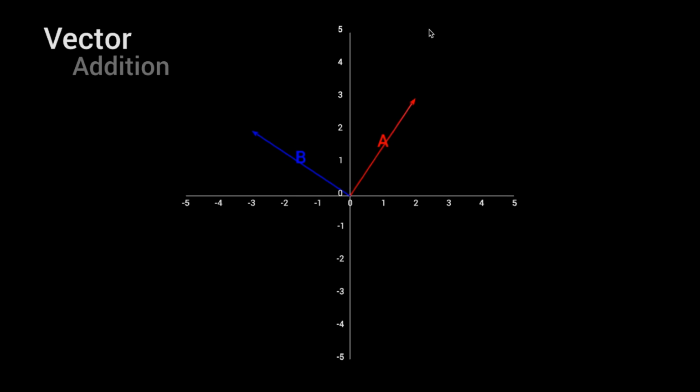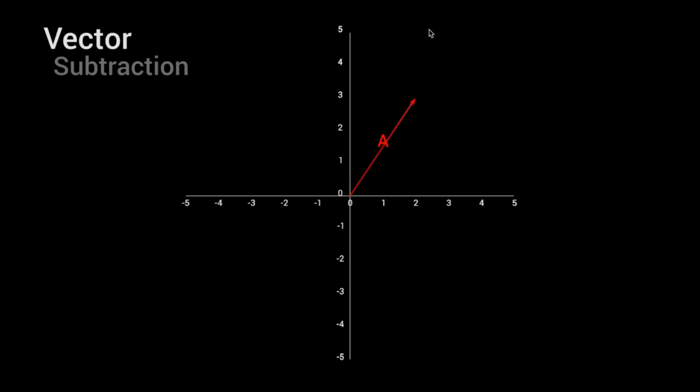Now, to add these vectors using something called the tip to tail method, we take vector B and move its tail to the tip of vector A. And the resultant vector shown in green is drawn from the origin to the tip of the moved vector B. This green vector represents A plus B. And that's how vector addition works geometrically. You stack one vector onto the other, and the final vector connects the start to the end.